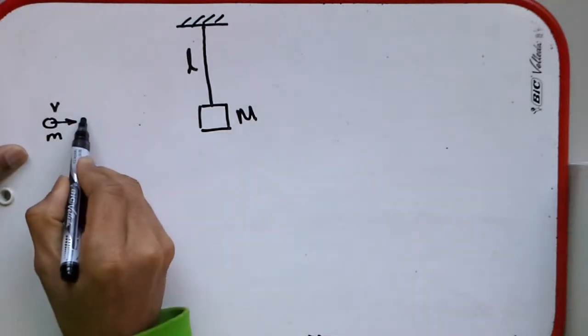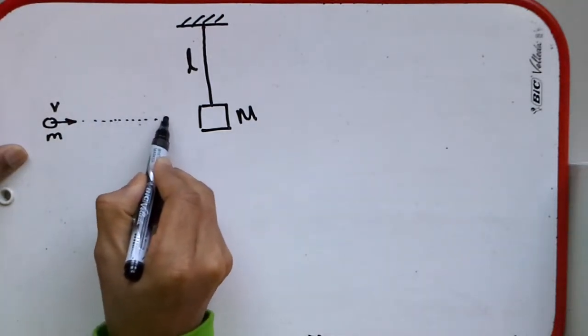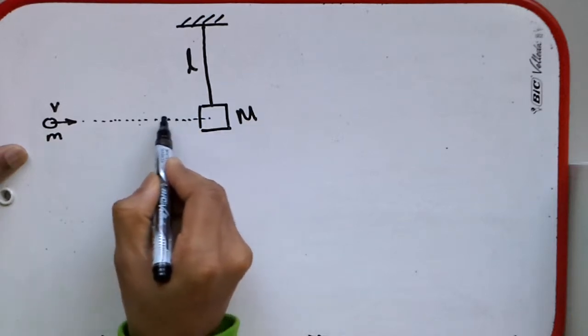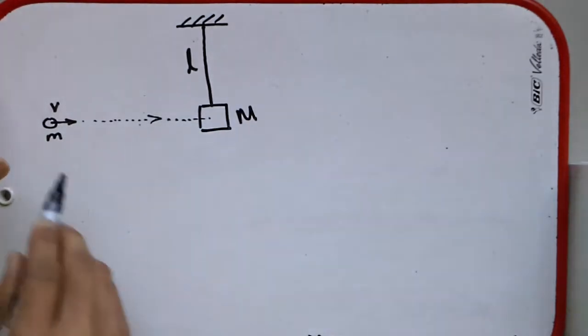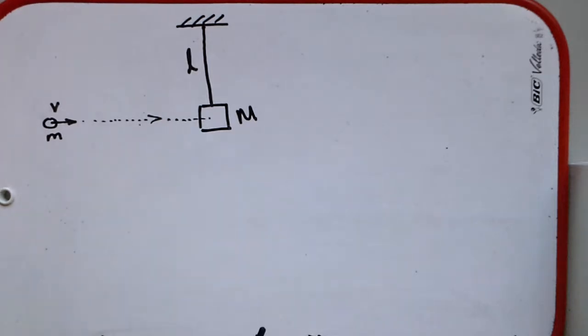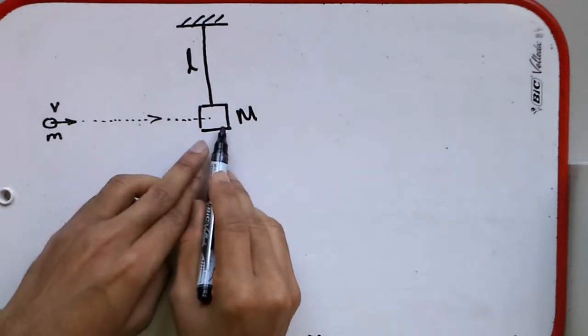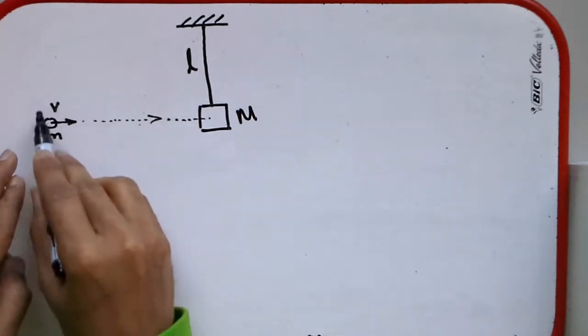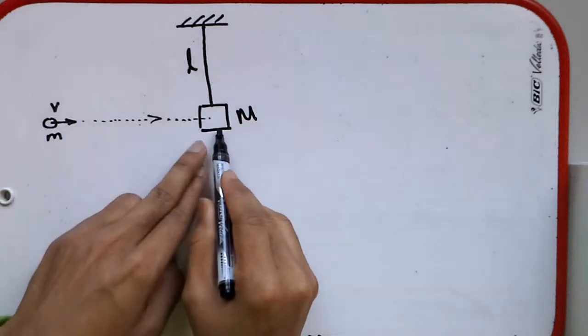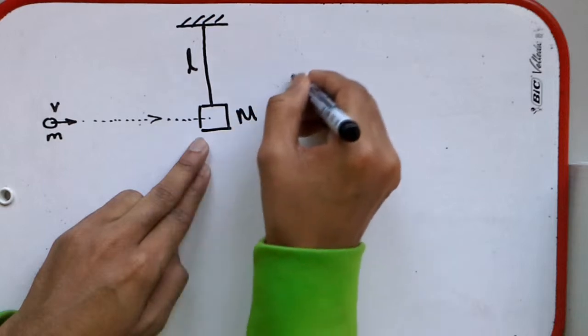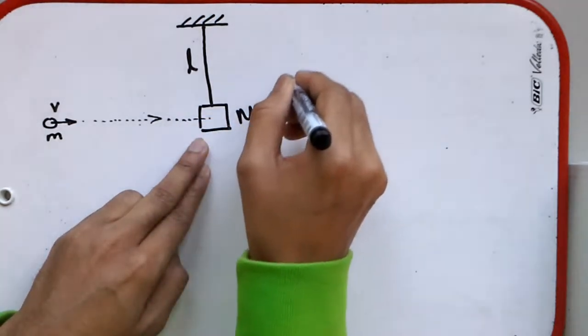So this bullet comes and embeds into this big M. Okay, so this is the trajectory of the bullet. So when this bullet hits the big M, this starts to oscillate. Okay, you can imagine this starts to oscillate.